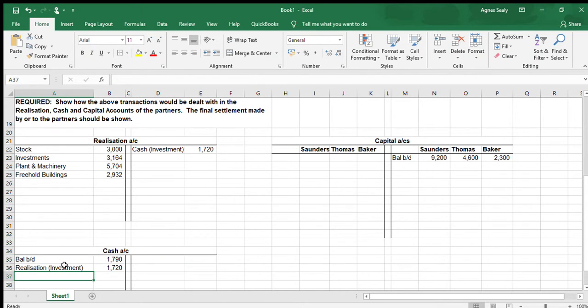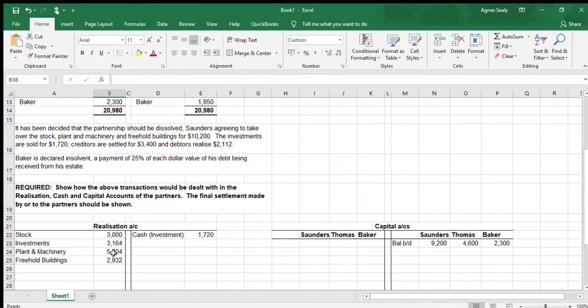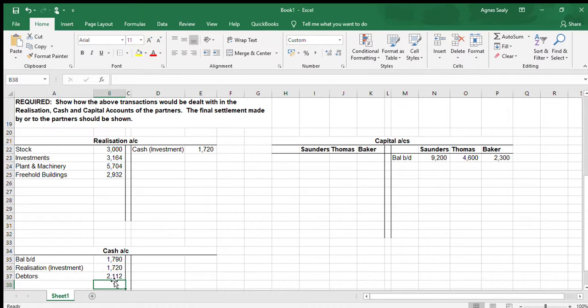We're going to debit our cash account for the $2,112, and the credit will go to the debtors' account for that same $2,112. But if we look at this here, we will see that the amount that is owed to the partnership from the debtors is $2,440, and we are only receiving $2,112. So then we are going to look at that this difference is a discount.